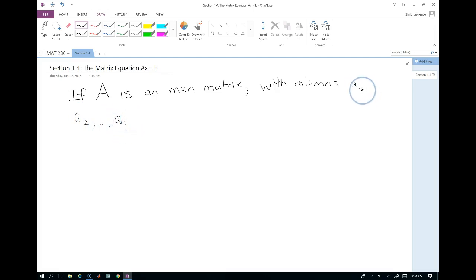So these individual columns represent the individual vectors that we had back in the last section. And if x is in Rn, remember we said all that means is it is a vector with n entries.